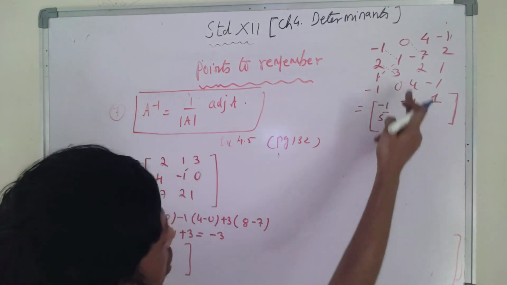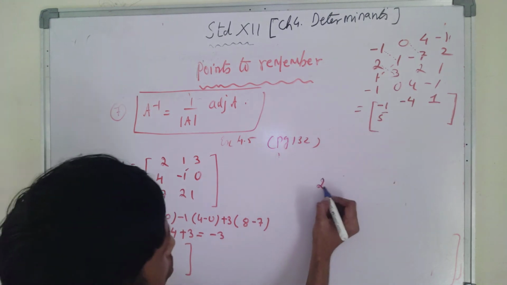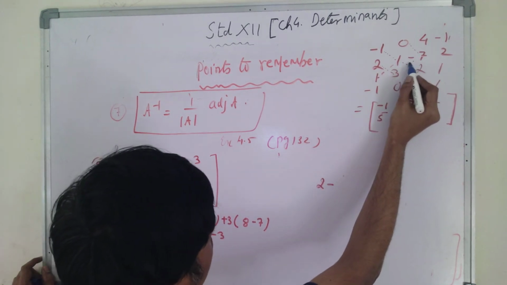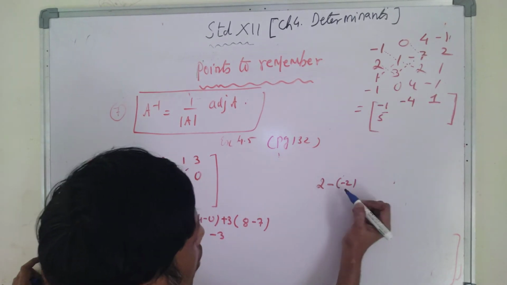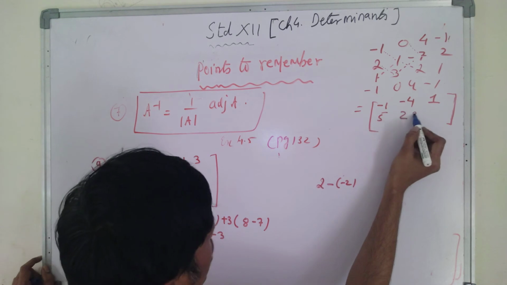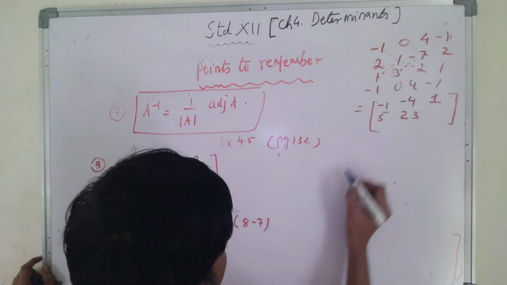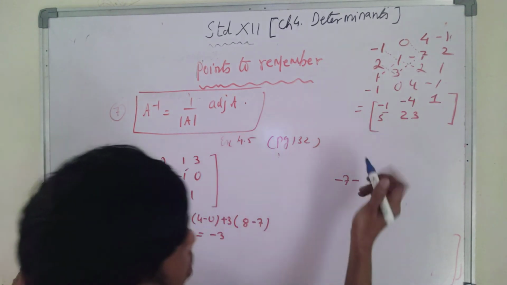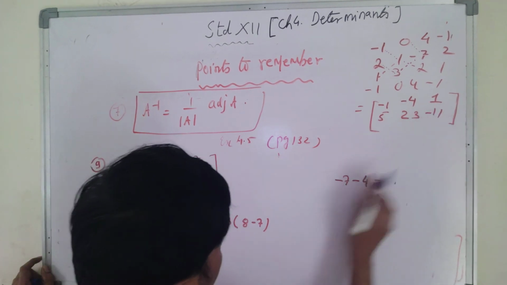So proceed the same way. 2 ones are 2. -7 into 3. I'm going this way. 2 ones are 2. -7 into 3 is -21. So 21 plus 2 is your 23. Then -7. -7 into 1 is -7 minus 4, that is -11, right?